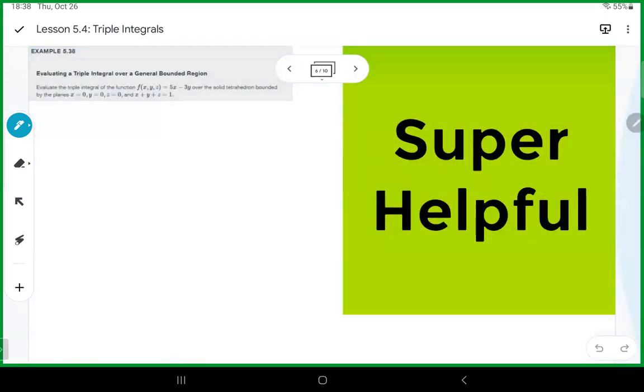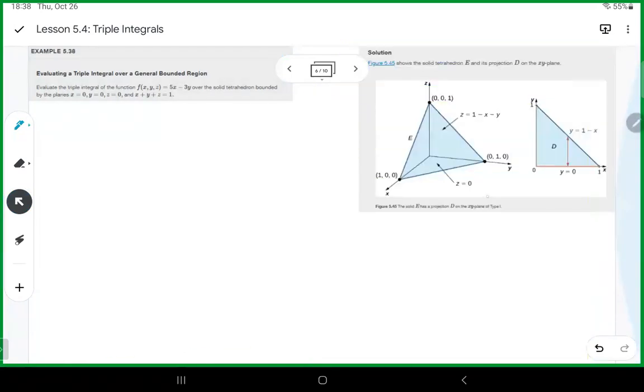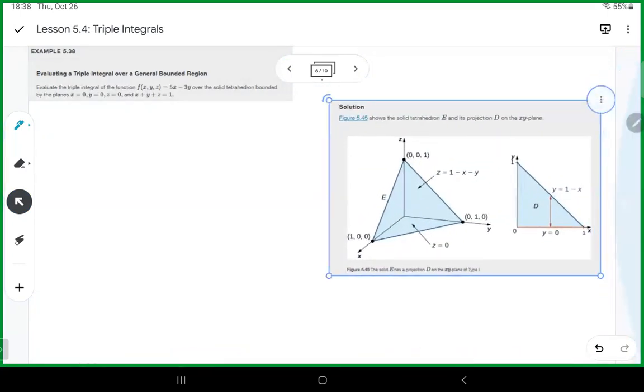Okay, so the next problem we're going to do is evaluating a triple integral over a general bounded region. So the triple integral of the following function over the solid tetrahedron bounded by the following. So this image is going to help you figure out your region.